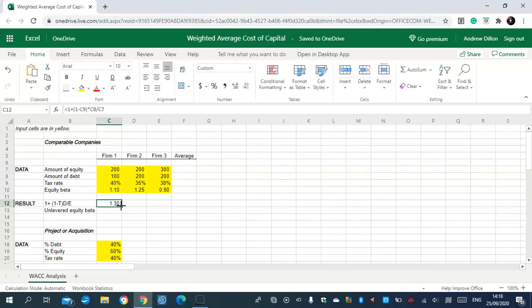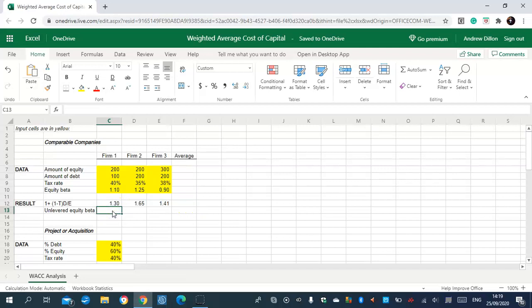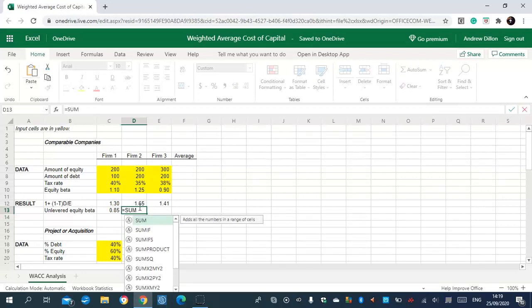So 1.3. Okay, unlevered equity beta. Now the next one's going to be a separate sum table.